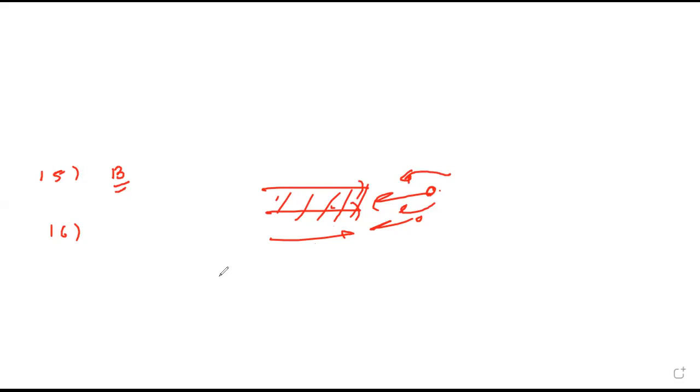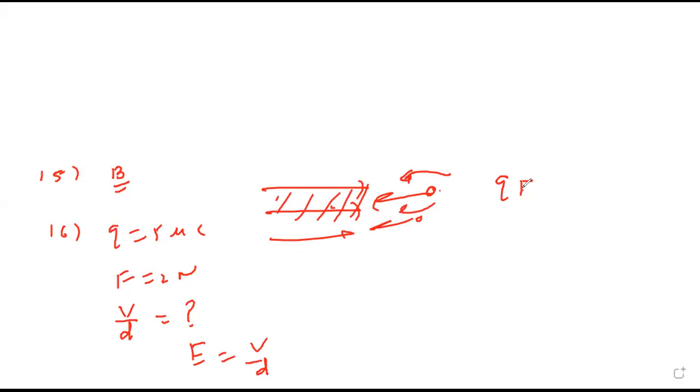Question 16: a charge of 5 microcoulomb experiences a force of 2 newton in an electric field. Then potential gradient means potential upon distance. This is called the potential gradient. Last class we did E is V by D, and E means force upon charge.